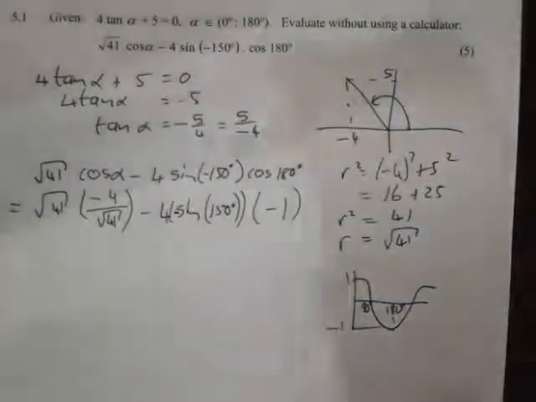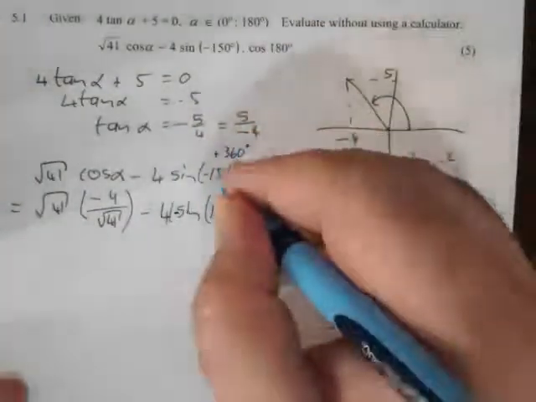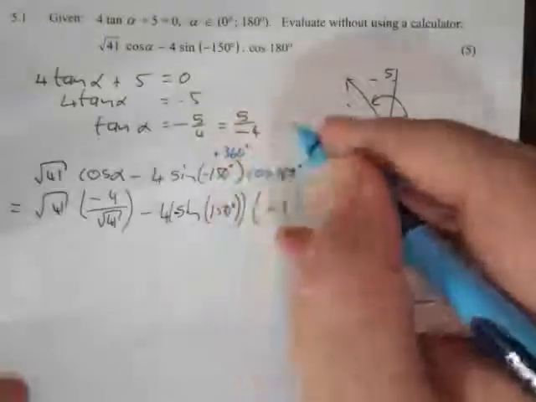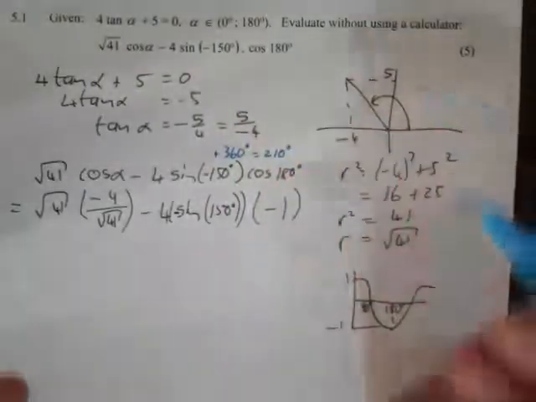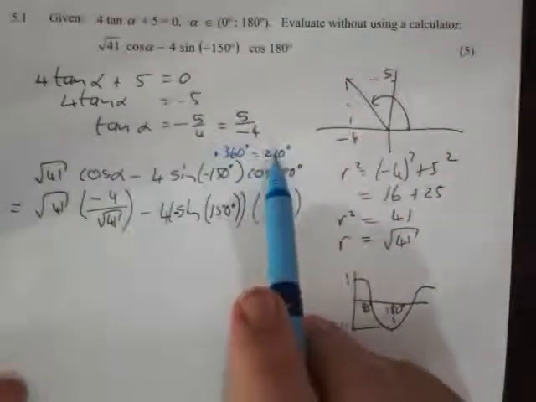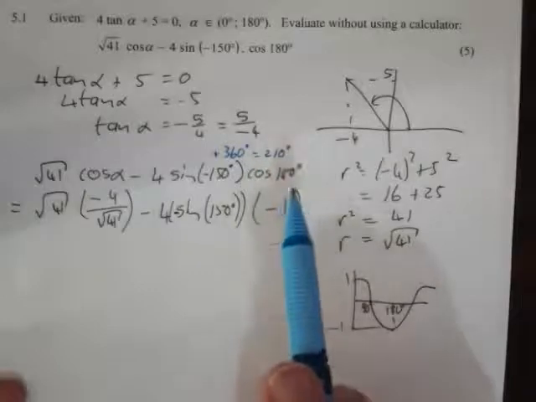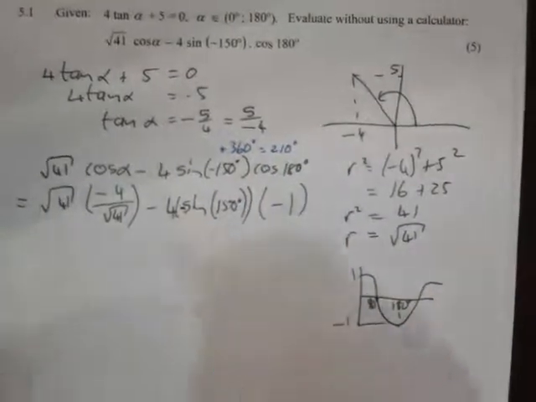Now something we could have done is to add 360 degrees, and if you add those together, that would be 210 degrees. So you would have gotten sine of 210, which is 180 plus 30 degrees. Okay, but I'm just going to use this method for today.